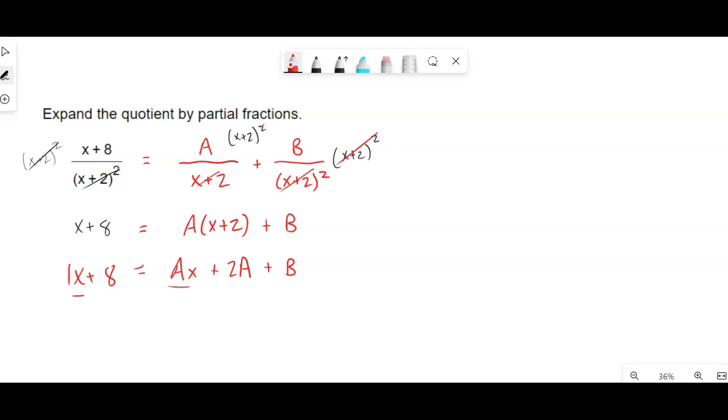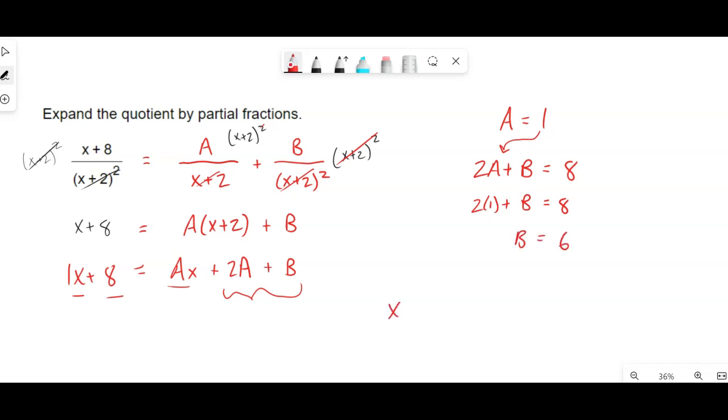Ax equals 1x, so A equals 1. That was easy. And then we have 2A plus B, there's no x's there, is equal to that 8. 2A plus B must equal 8. Right? And then since A is 1, that's 2 times 1 plus B equals 8. Subtract 2, and we end up with B equal to 6.